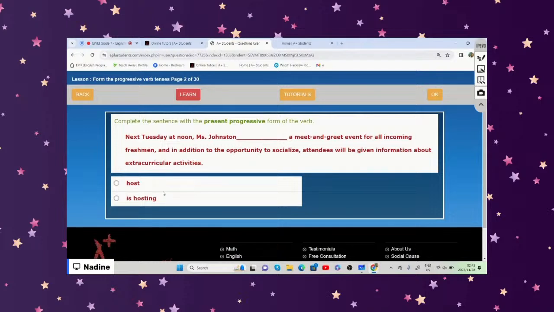Next Tuesday at noon. This is now the present progressive form of the verb. So next Tuesday at noon, Miss Johnston hosts or is hosting a meet and greet event for all incoming freshmen. And in addition to the opportunity to socialize, attendees will be given information about extracurricular activities.